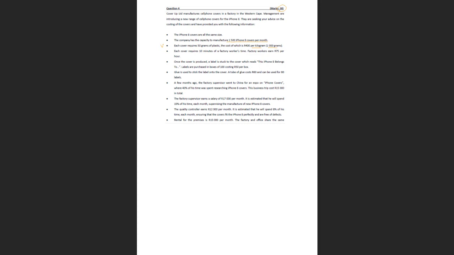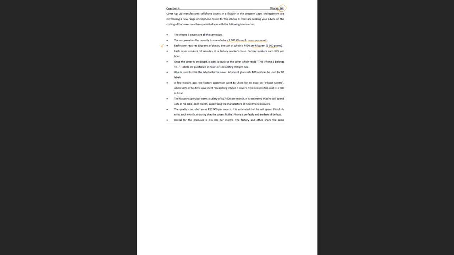So here, where it was 400 rand per kilogram, they said to you within brackets, it is 1000 grams that make up a kg. So to work out the cost, and remember they asked you for variable costs per unit.